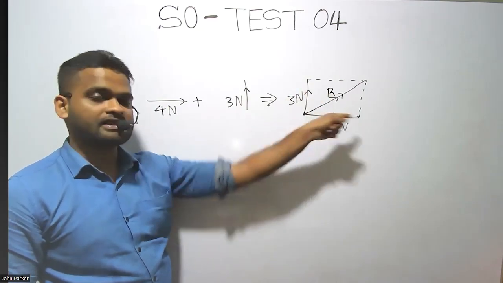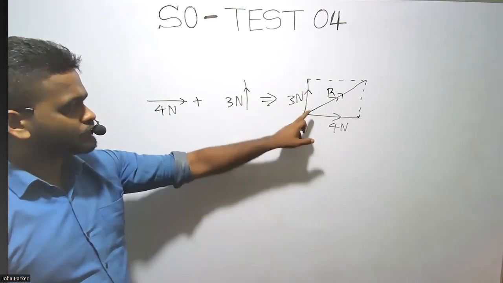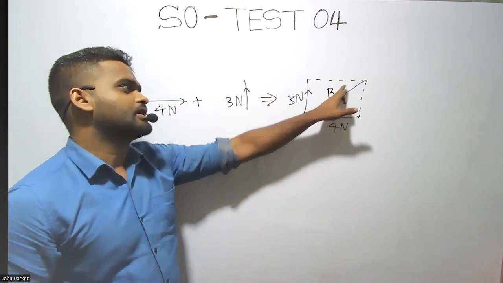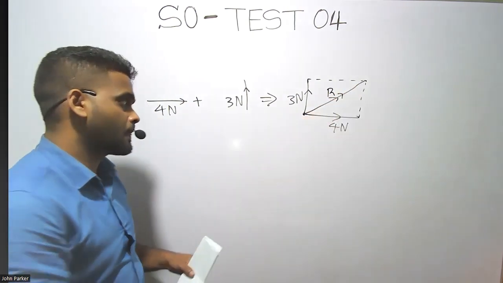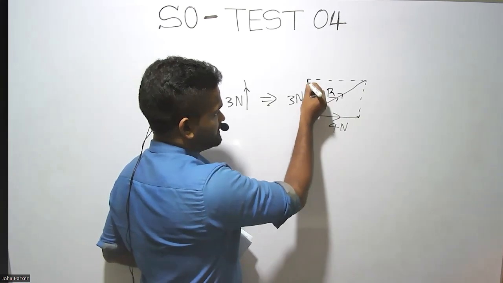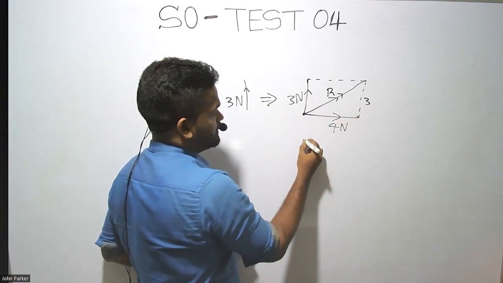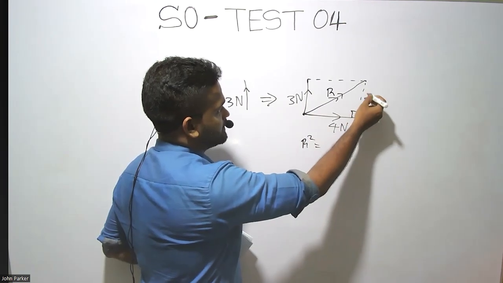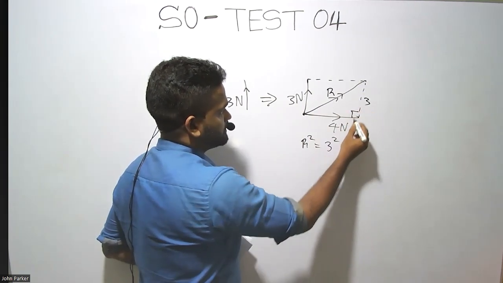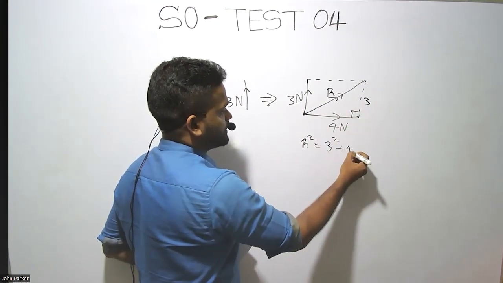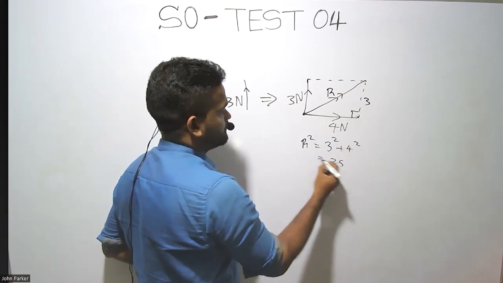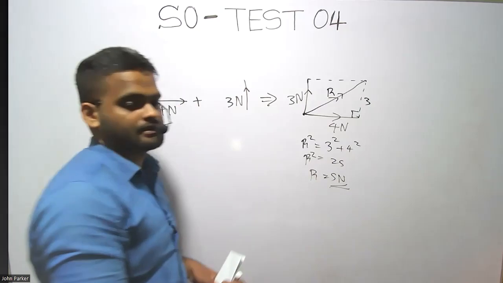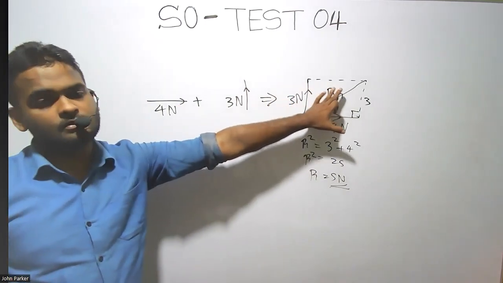So when it is a rectangle, you can easily find the length. If this is 3, this also is 3. Then R squared equals, applying Pythagoras, 3 squared plus 4 squared. So this is 25, so R is equal to 5 Newton. So that is the parallelogram law.